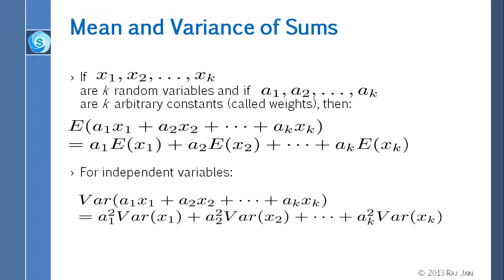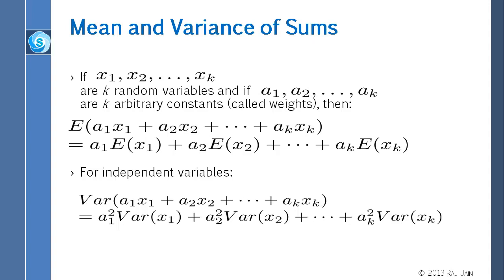Now we go into more than two variables. If we have k variables, x1, x2 through xk, and we take some weights a1, a2 through ak, then the expected value of the sum is equal to the sum of the expected values. The expected value of a1 x1 plus a2 x2 plus ak xk is equal to a1 times the expected value of x1 plus a2 times the expected value of x2, and so on.